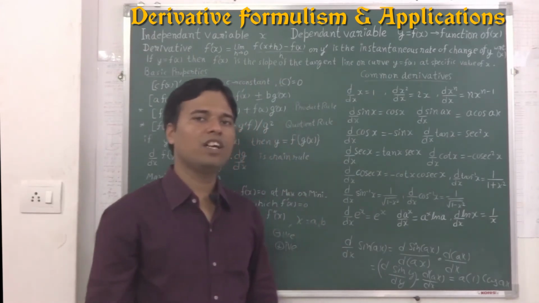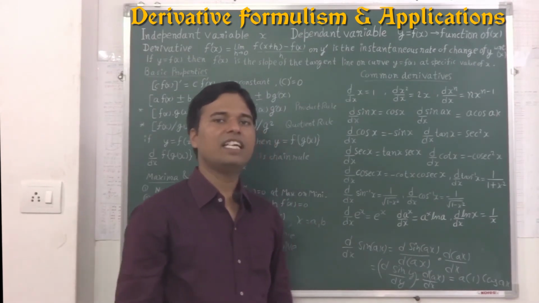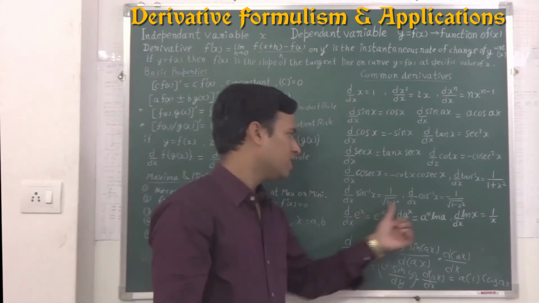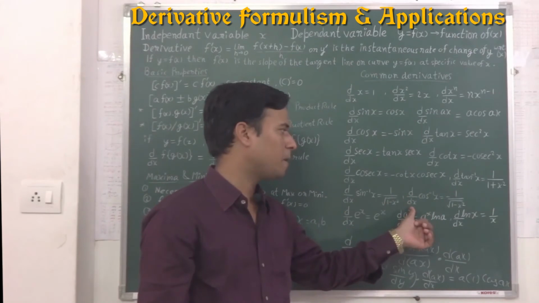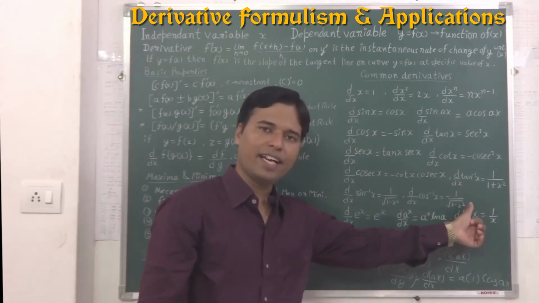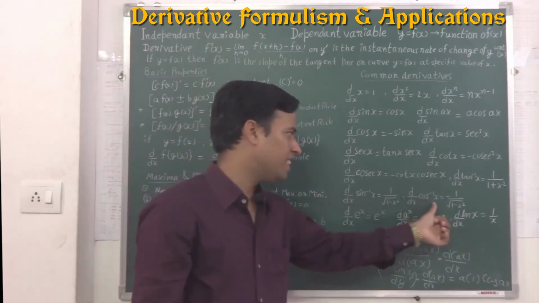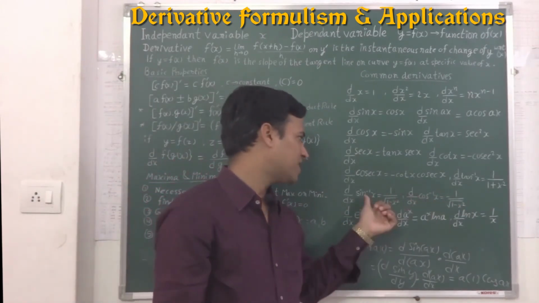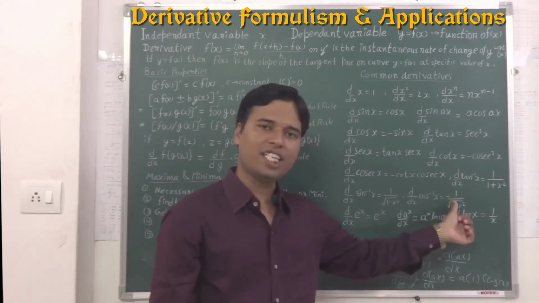If you want to learn those concepts, the video's link is given in the I button above. The differentiation of cos inverse x with respect to x is equal to 1 upon square root of 1 minus x^2 but with the negative sign. The difference between the derivatives of sin inverse x and cos inverse x is only the negative sign.